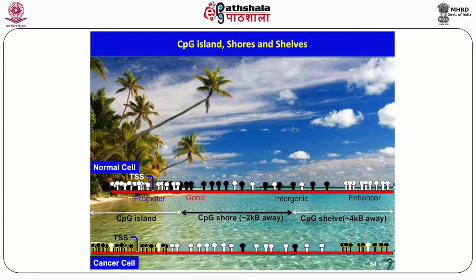The hypermethylated CpG sites are represented by black lollipops, while hypomethylated CpG sites are represented by white lollipops. Most genes have an upstream region, usually around 1 kb, that is GC rich with higher CpG density, as we told you in the previous slide, called a CpG island.